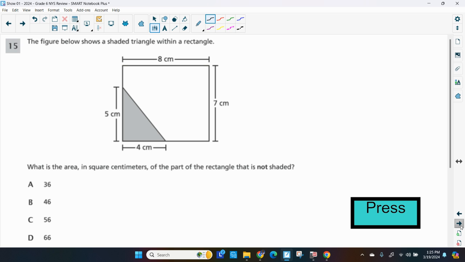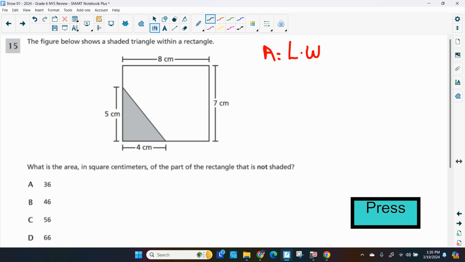The figure below shows a shaded triangle within a rectangle. What is the area in square centimeters of the part of the rectangle that is not shaded? All right, so we got a little triangle down there, and I have a big rectangle there. So what I'm going to do is get the rectangle's area first.